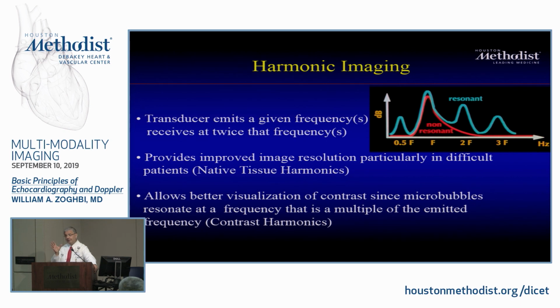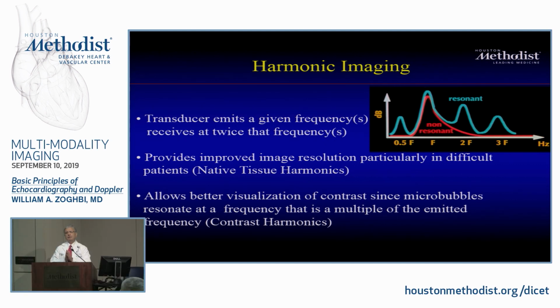So harmonic imaging. We talked about axial resolution, frequencies, et cetera. Harmonic imaging is very important. Although it's used ubiquitously now, without thinking twice, and maybe we shouldn't think twice, maybe at least 1.5 times. At times, if things are too thick, then you may want to use it. What is it? Well, I have a fundamental frequency.